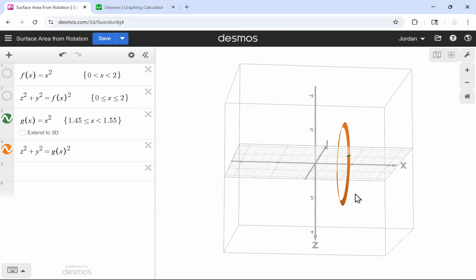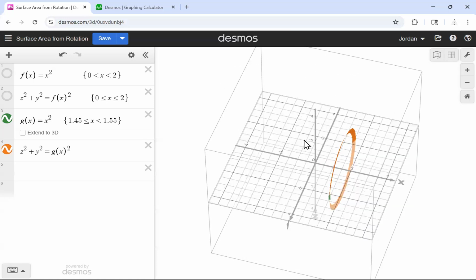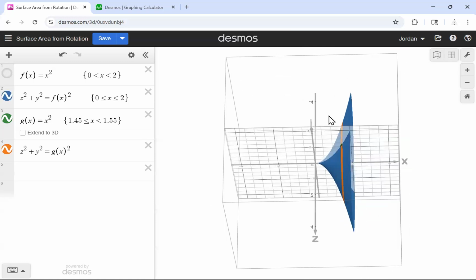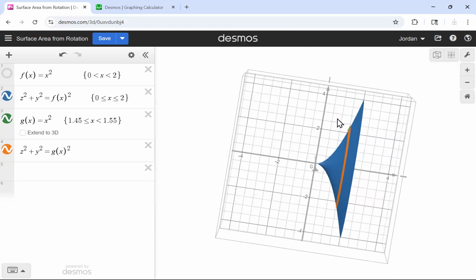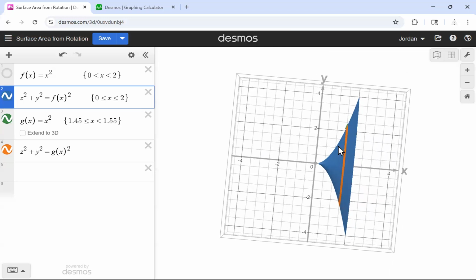And so that ribbon shape is going to be a part of my three-dimensional figure, or at least an approximation for that three-dimensional figure, at least a piece of that three-dimensional figure. And if I sum them all up, I get a pretty good approximation.